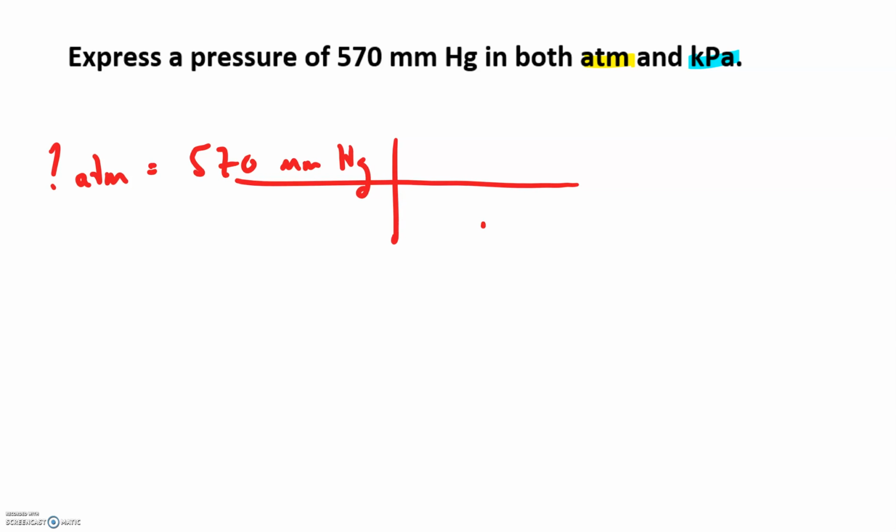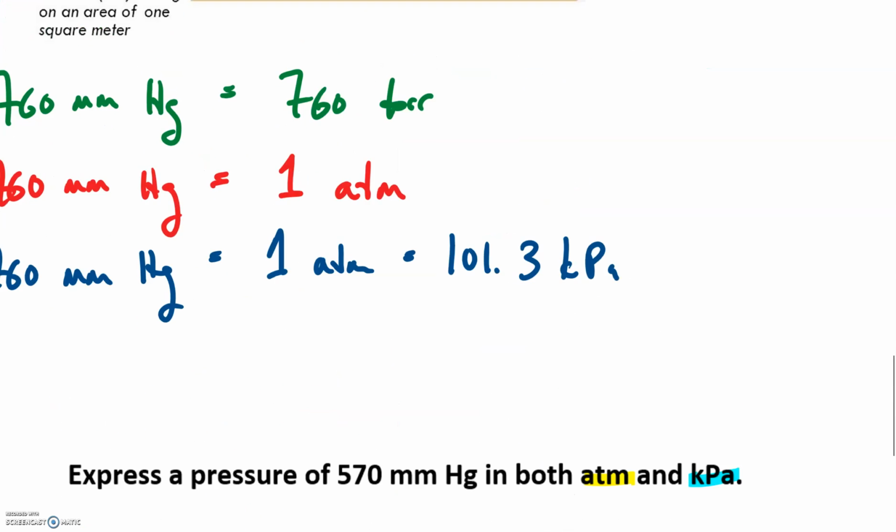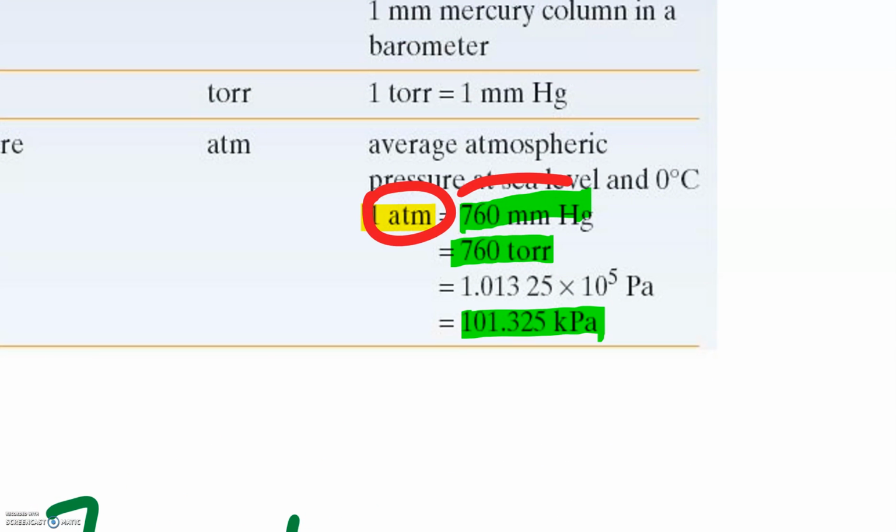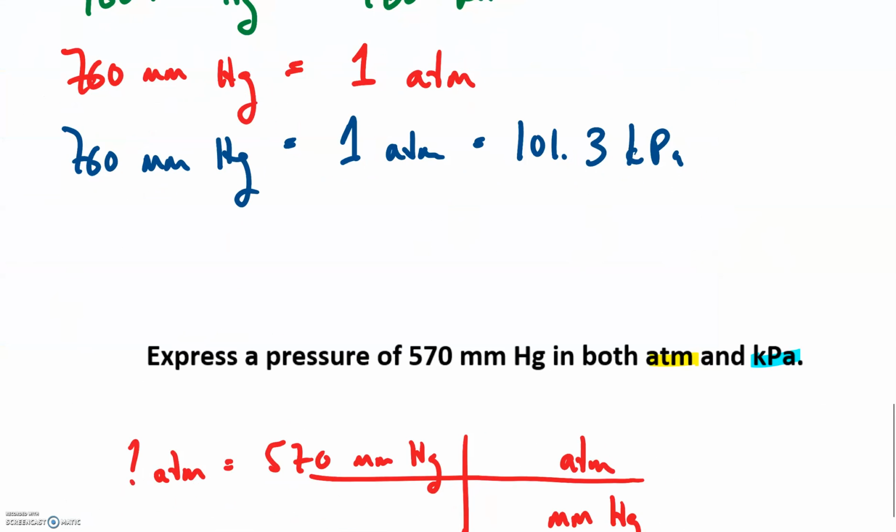So our conversion is going to look like this. We're going to have millimeters of mercury on the bottom, and we're going to go to atmospheres on the top. And we know from this table, and especially from this area here, that 1 atmosphere is equivalent to 760 millimeters of mercury. So let's put that in this conversion.